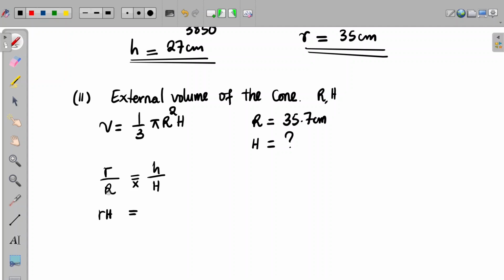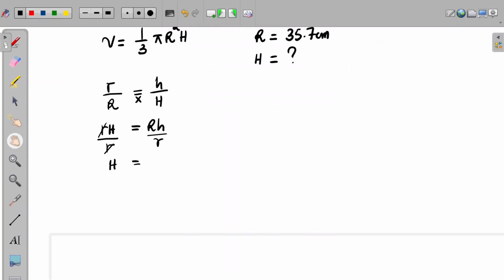So to get capital H, we'll divide by small letter r, also here by small letter r, so that one goes. So we have H is equal to capital R h over small letter r.